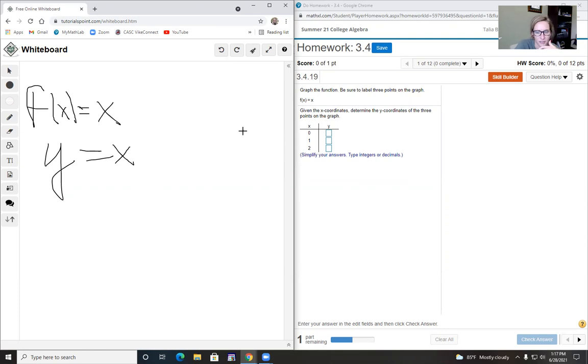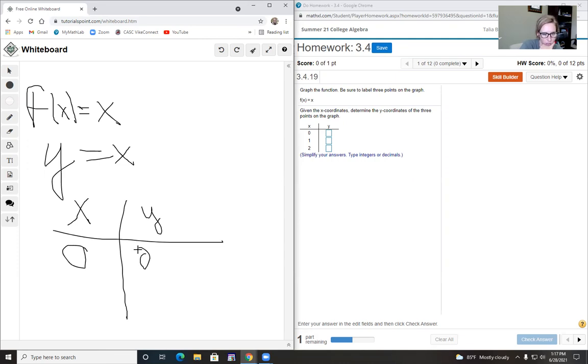So if we have this table 0, 1, 2, if I put 0 in for x, that means y equals 0. If I put 1 in for x, then that means y equals 1. If I put 2 in for x, that means y equals 2.